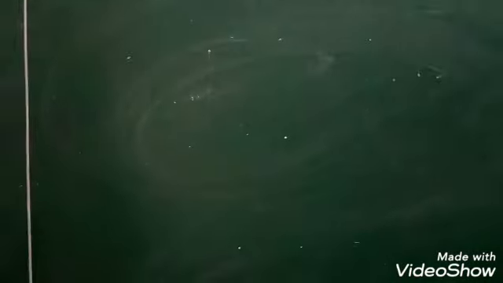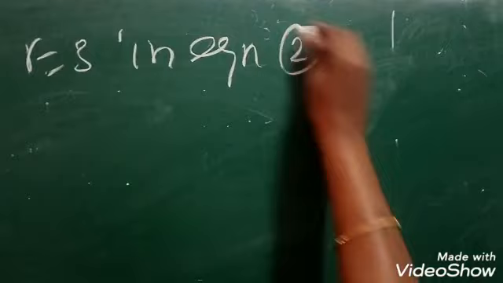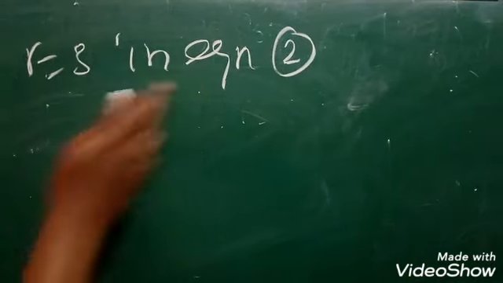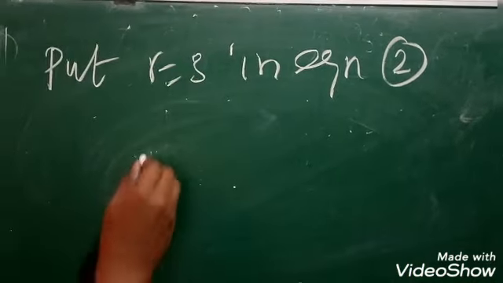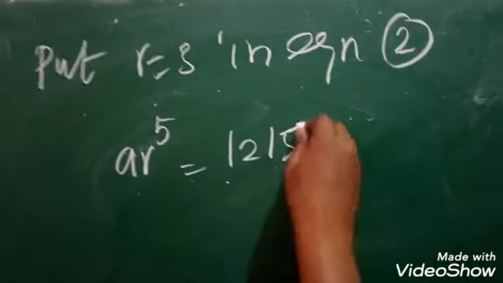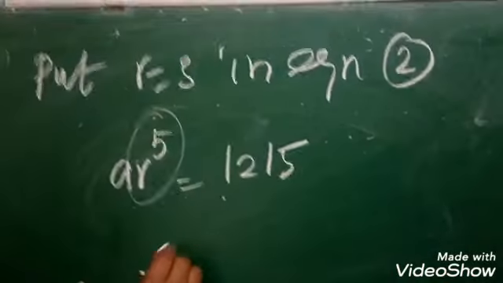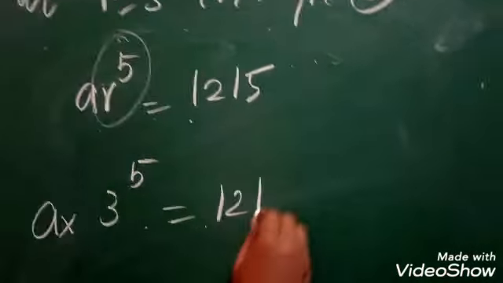Now let us find out A. Now put R is equal to 3 in any one equation. Girls, equation number 2 is a very small equation so I will substitute in equation number 2. Equation number 2 is A r power 5 is equal to 1,215. Now you have to substitute the R value: A into 3 power 5 is equal to 1215.